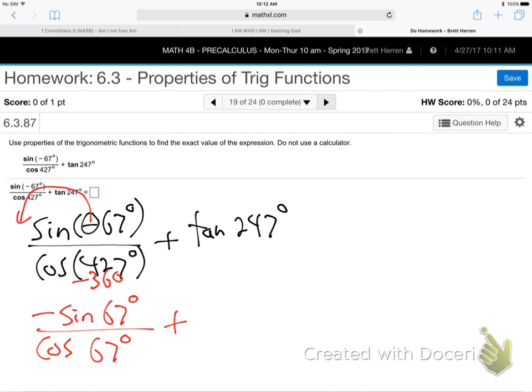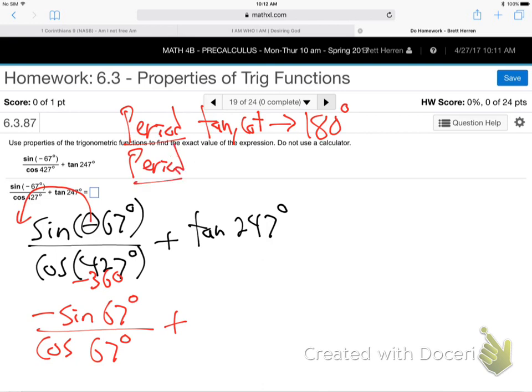Before I write that, tan of 247, do you remember the period? You got to remember the period on these. What's the period of tangent and his reciprocal cotan? They repeat more frequently. Every 180 degrees they repeat, whereas the period for sine and his reciprocal cosecant and cosine and his reciprocal secant is 360, a full circle.